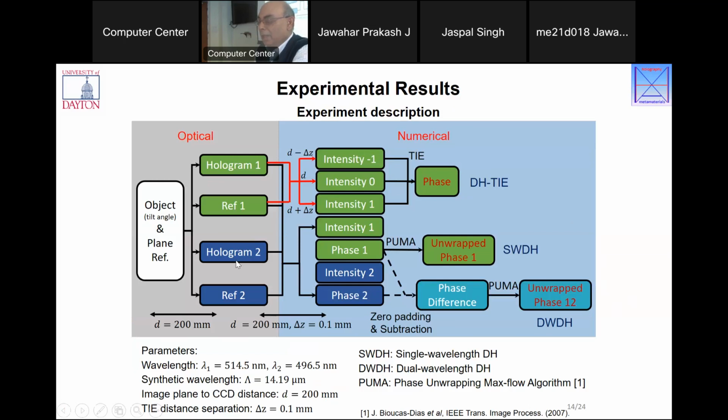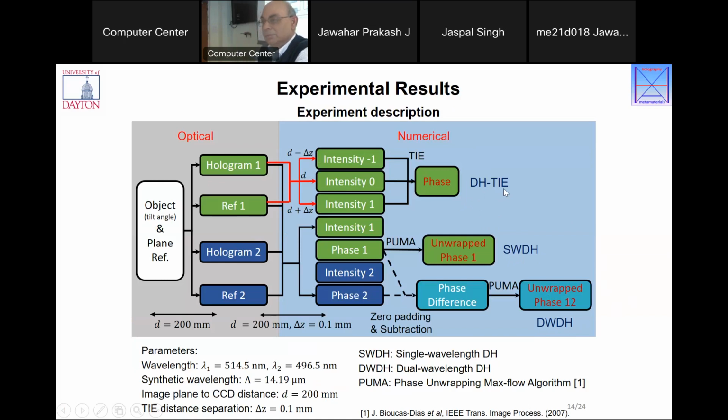Then we also used what is called the dual wavelength technique, because that is also a way of reducing errors because of phase unwrapping. And we also compared it with the holographic reconstruction with transport of intensity. So all of those were compared together. That's why you see here: we did single wavelength digital holography, double wavelength digital holography, and DH with TIE, just to see which one works better.